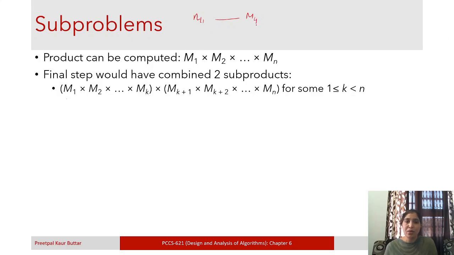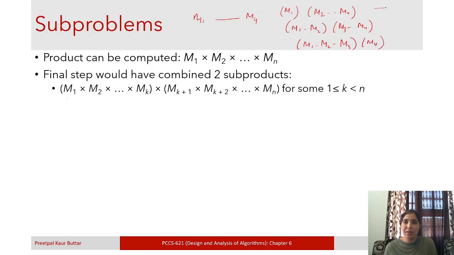Okay, so your final step, what it will comprise, it will comprise two subproducts. Okay, so the first one can be m1, the second can be m2 into m3 into m4, right? Or it can contain m1 into m2, then m3 into m4, or it can have m1 into m2 into m3 multiplied by m4.